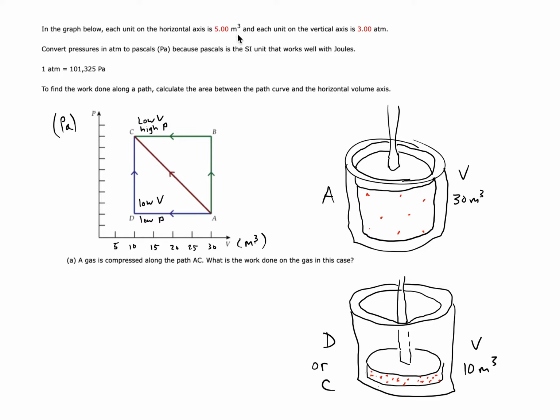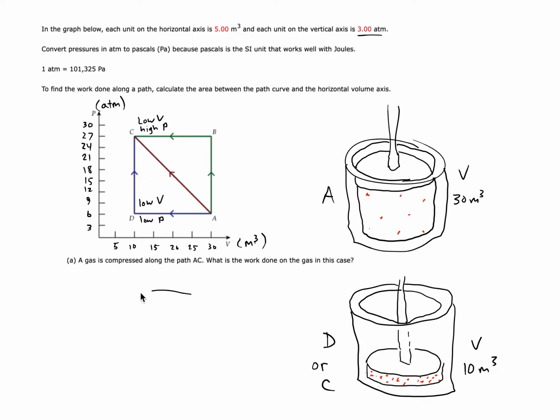Now they say that the vertical axis, each mark there is worth 3 atmospheres. Okay, so we're actually not in pascals then. We'll change our units to ATM. So this is going to be 3, 6, 9, 12, 15, 18, 21, 24, 27, and 30.